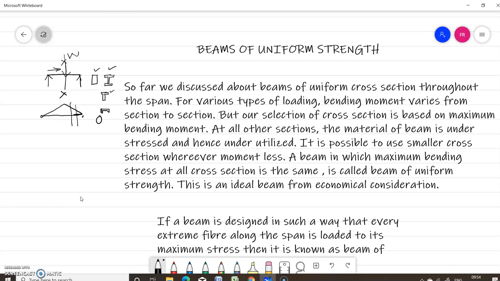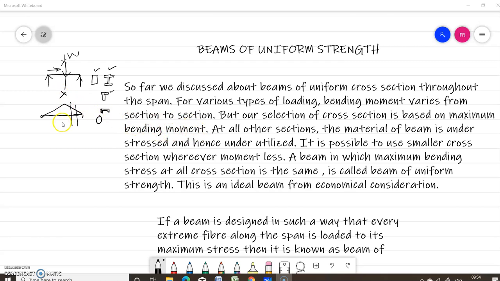Each section we can see the bending moment varies. But our selection of cross section is based on the maximum stress, and hence at some points it is underutilized. Now we have studied that while designing a beam, we select the cross-sectional dimensions of the beam based on the maximum bending moment.